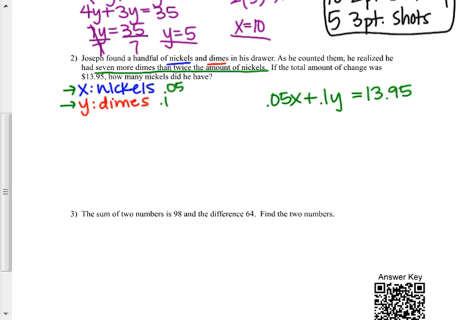I'm going to combine this and this to get 0.25x plus 0.7 equals 13.95. And then to get this x part by itself, I'm going to subtract 0.7 from both sides. So I get 0.25x equals 13.25. You're going to want to use your calculator on this one. So then dividing both sides by 0.25, using my solving skills, I get x equals 53.